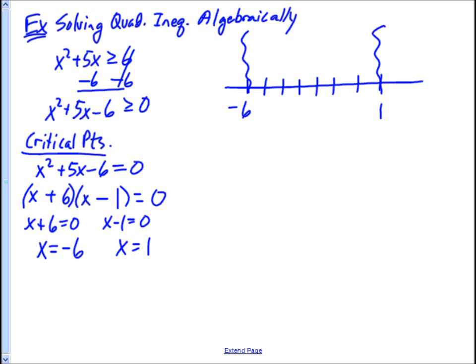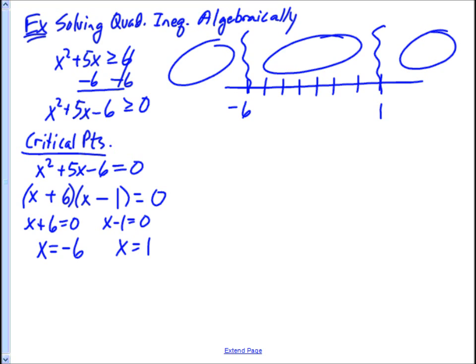I'm going to test to the left of negative 6 to see if anything out here is true, and I'm going to test in between. I'm going to test the next value in between. I'm going to test something to the right of 1 as well and see where my solutions lie. Okay? And the critical points must also be considered as solutions as well. In other words, if you plug negative 6 in, is it true?